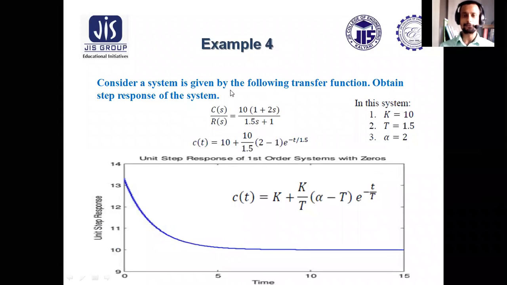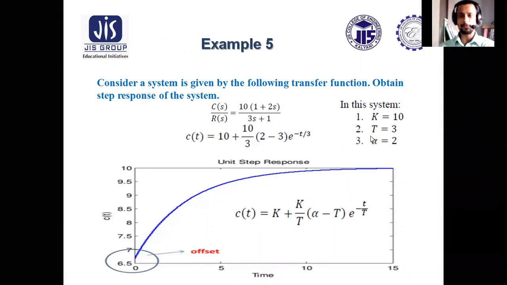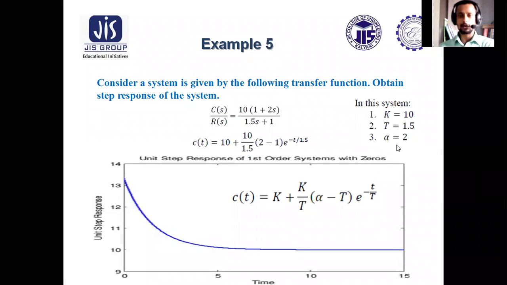Next, if a system has this transfer function, what's the change? In the last case, the system had this transfer function where T was 3 and alpha was 2. Now alpha is 2 but T is 1.5. So if T is less than alpha, what will happen? As T is less than alpha, this term will become positive.